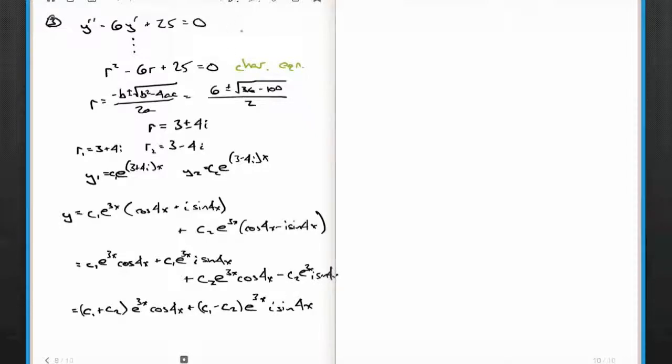And I'm going to kind of rename these C1 plus C2 and C1 minus C2. I'm going to call this one A, and I'm going to call this one B, and then keep in mind we have this i there. Let's not forget that.